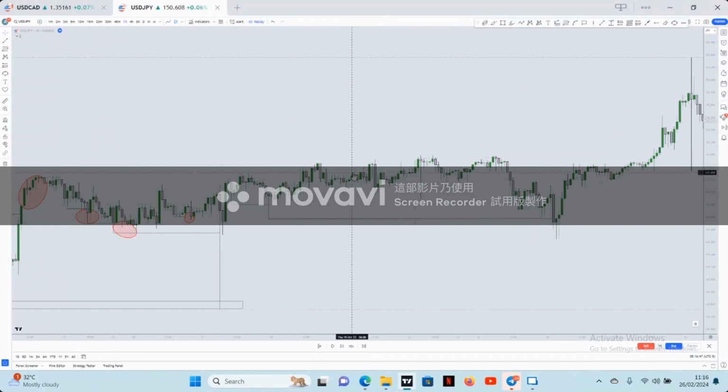Now, let's see a fair value gap here. Oh, it's completely filled. And do we have any here? I think we do. See the fair value gap. This is the first candle, and this didn't get past it. So surely we do have a structure here that we should be looking at.